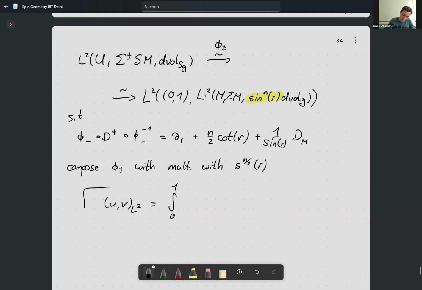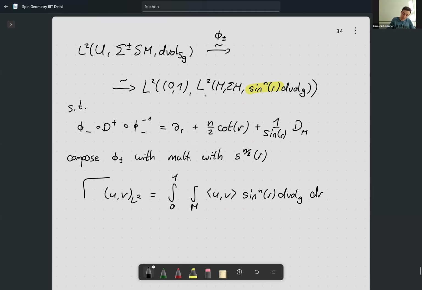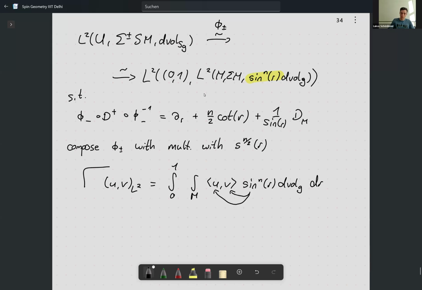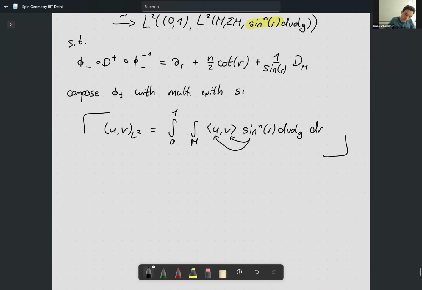We integrate over the line and then over M, and this will be something like sine n d vol G dr. And we put half of the sine to the n into V and half into the U. Okay, I should write here then sine n half.